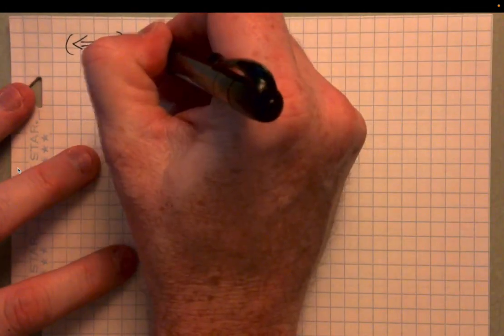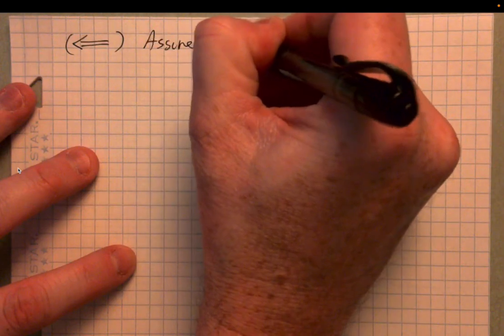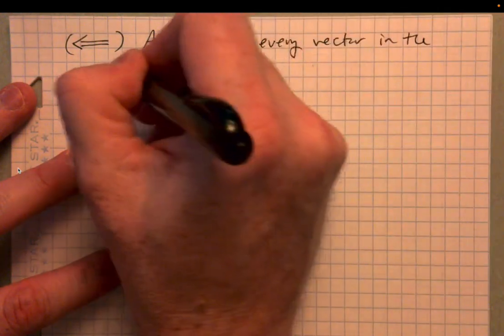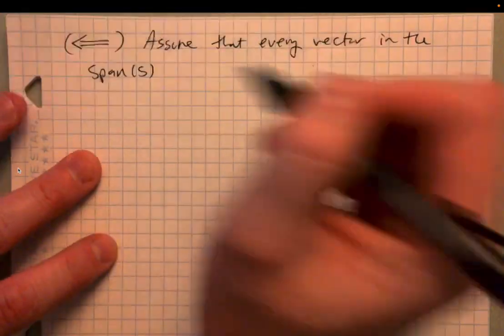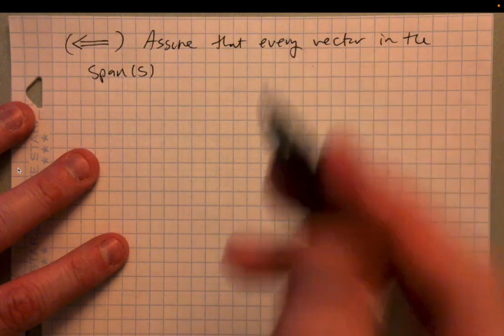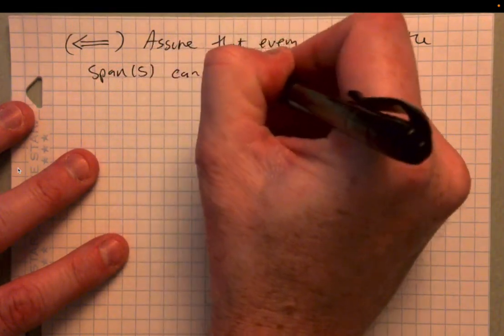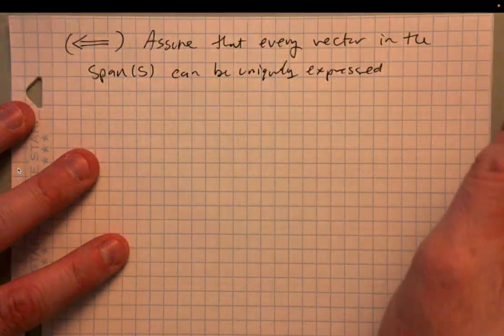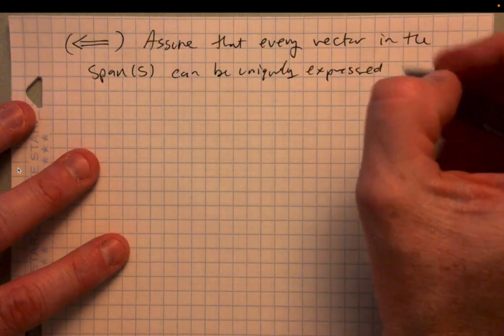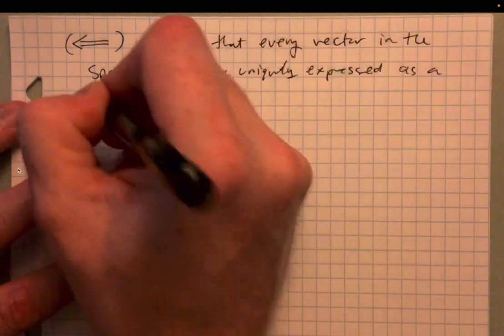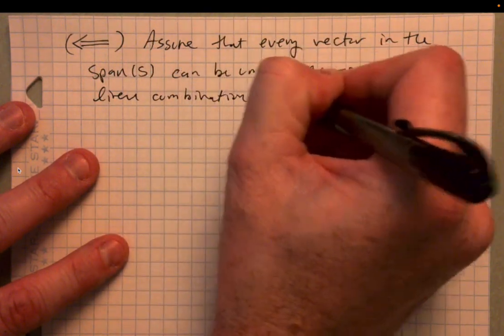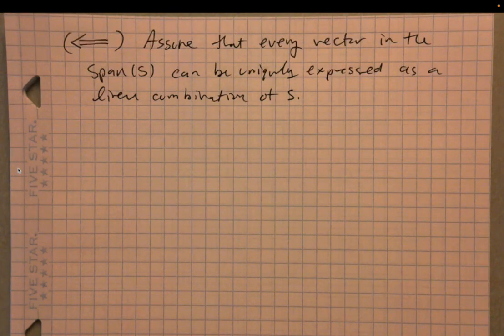So here what we want to do is assume that every vector in the span of S can be uniquely expressed as a linear combination of the elements of S. Okay, all right, so let's assume that every vector in the span can be uniquely expressed as a linear combination of S.